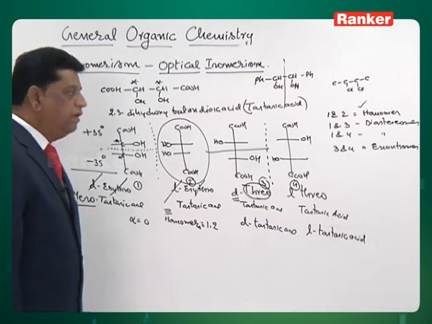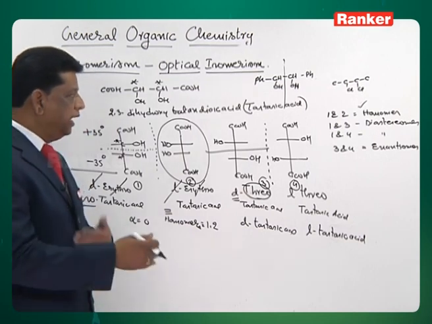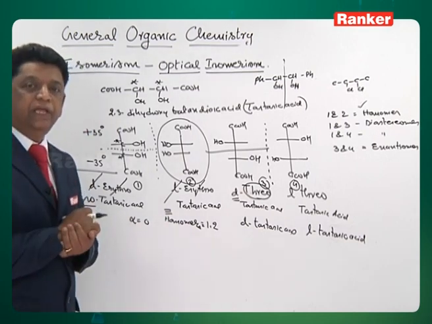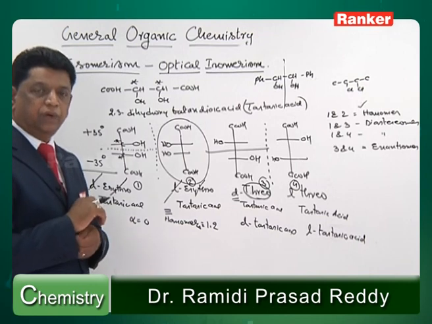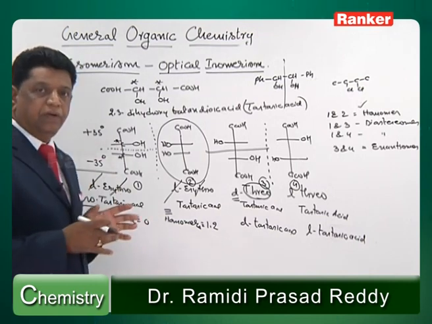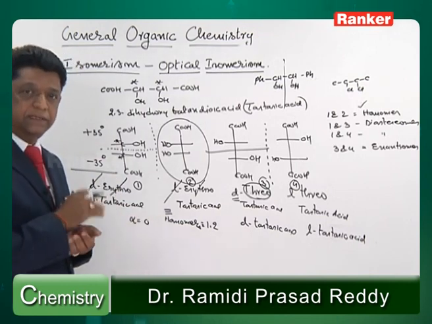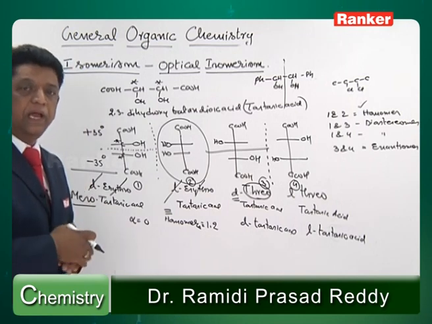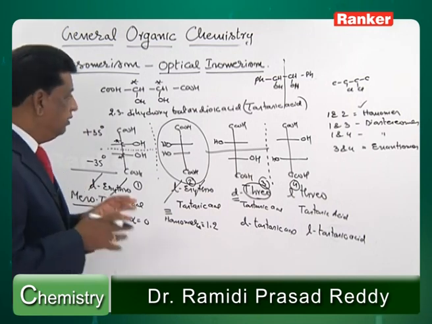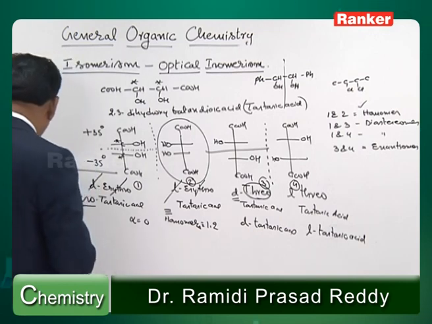So therefore we have an identification or calculation of the optical isomers for a given compound, checking how many chiral carbons are there. Based on that we can calculate how many optical isomers are possible. That we can do now.